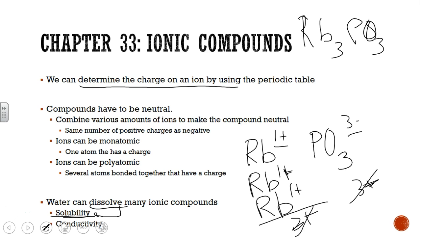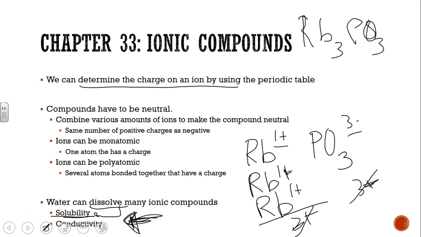The other thing that happens, if something dissolves in water, if it's an ionic compound and it dissolves in water, it conducts electricity, which is a really neat property of ionic compounds. Ionic compounds can conduct electricity when they're dissolved in water. Covalent compounds can't.